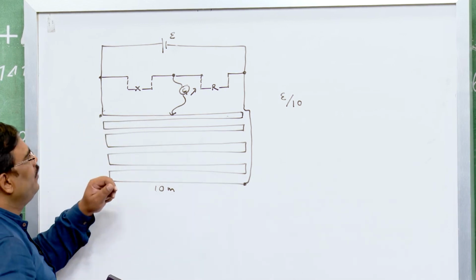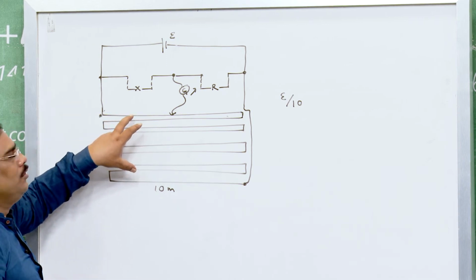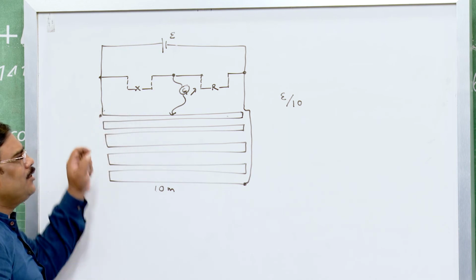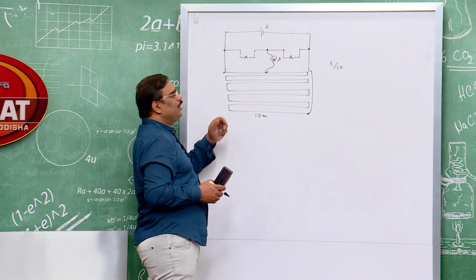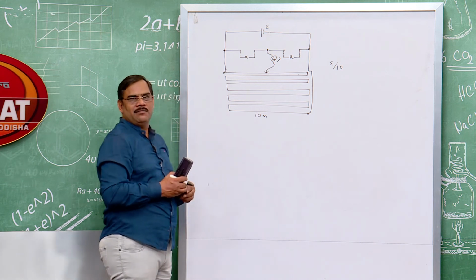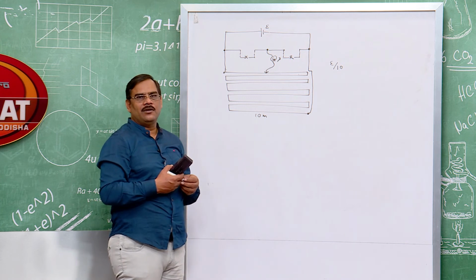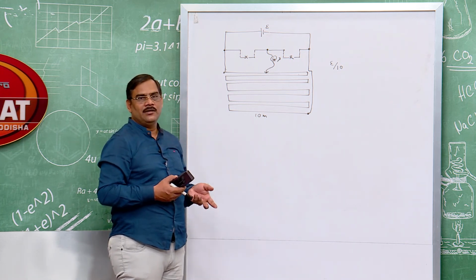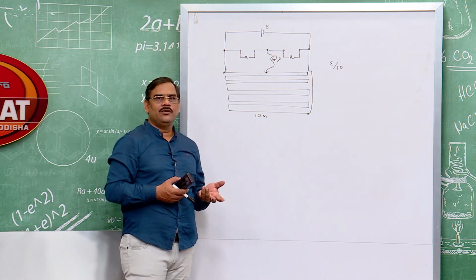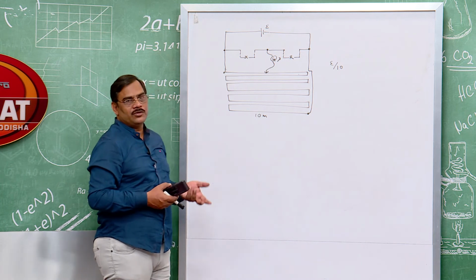In this way, we can calibrate the potentiometer to calculate a very small potential difference across a network. The potentiometer can be effectively used to find the EMF of a battery, the internal resistance of a battery, or to compare the EMF of two cells.